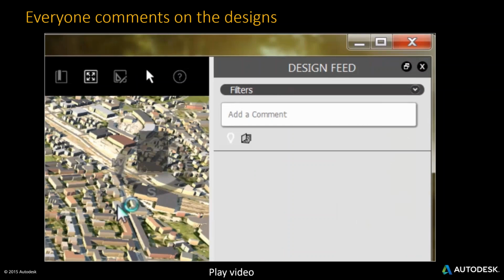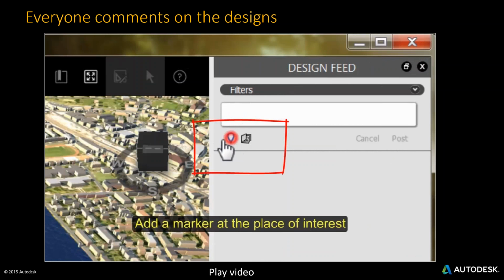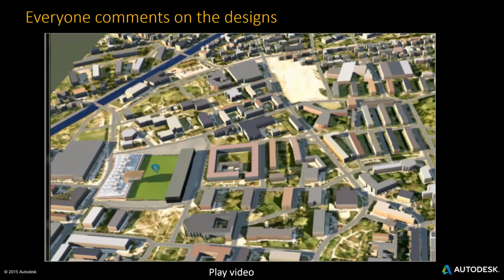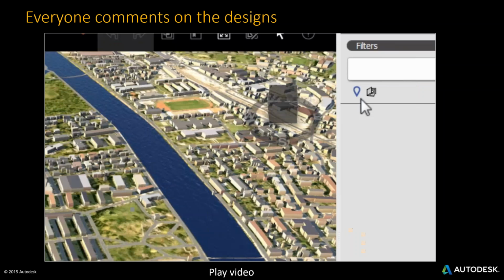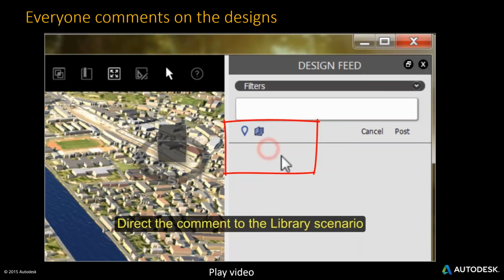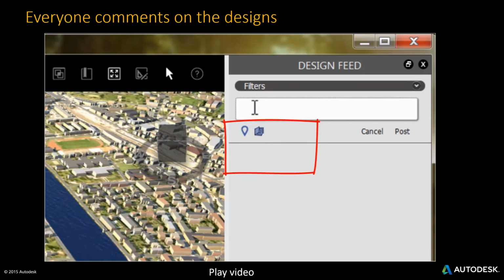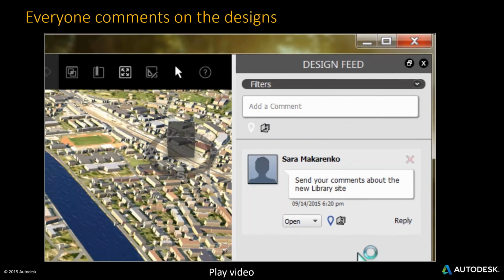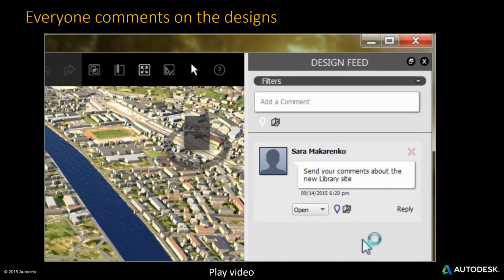In this case, I'm going to put a marker on the library site so that they can jump there very quickly. And note here, I'm sending it to the library scenario. That's where my comment is going. So take a note of that button there. And I'm saying to people, send your comments about the new library site. And so that's my posting.